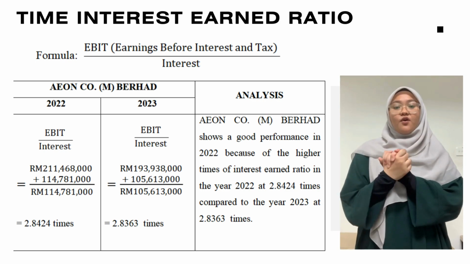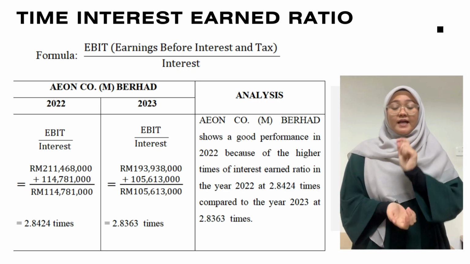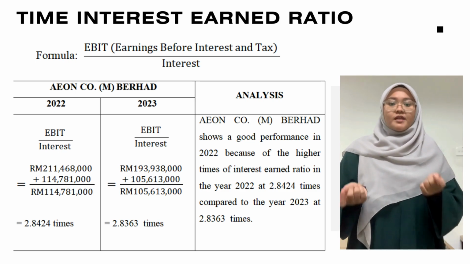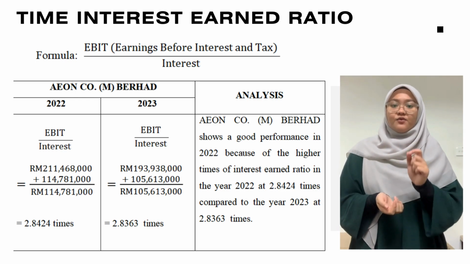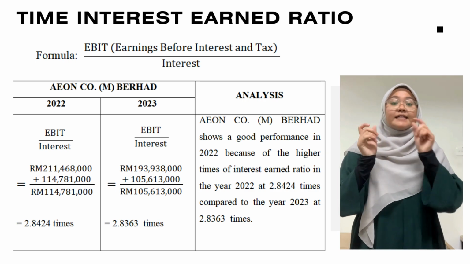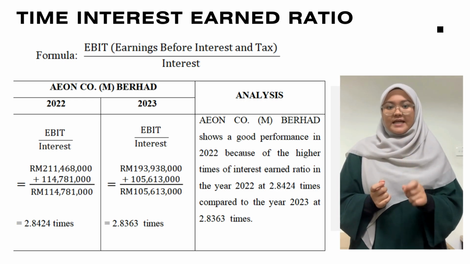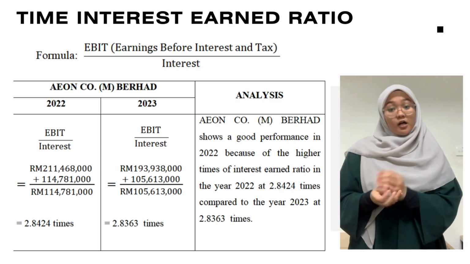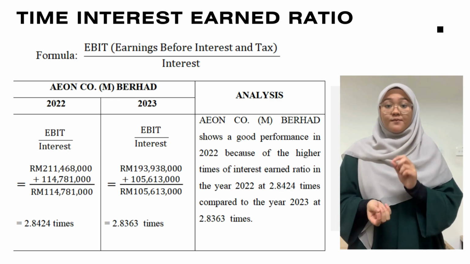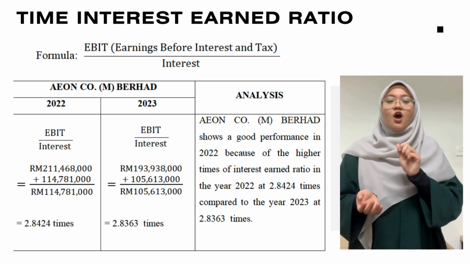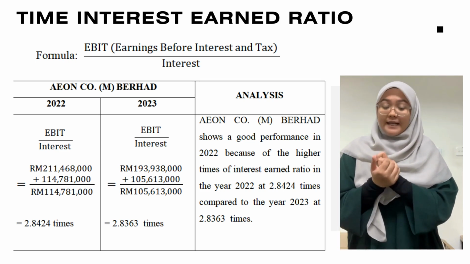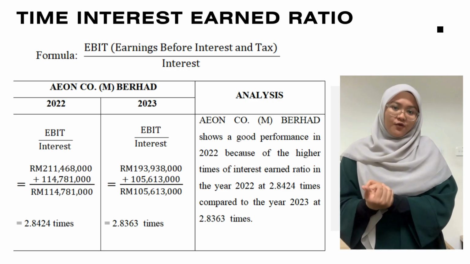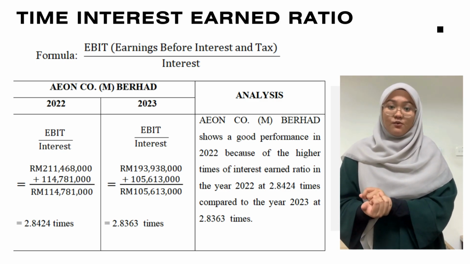Next, we will move on to the calculations of time interest earned ratio. The formula for that is earnings before interest and tax, divide that by interest. For Aeon Corporation Berhad in the year of 2022, the calculations will be 211,468,000 plus RM114,781,000.